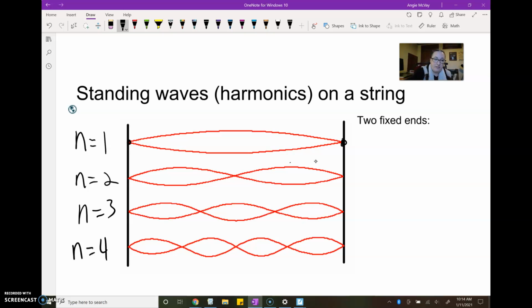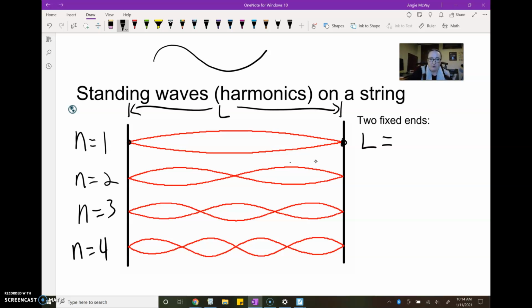Okay, and if we were to say the length of the string is from here to here, we could determine how much of a wavelength each standing wave is. So we could say the length of the string for an n equals 1 standing wave, how much of a wavelength is that? Right? If you think of a wavelength as one full up and down motion, a standing wave, a full wavelength would look like that. Okay, so n equals 2, the length is 1 wavelength.